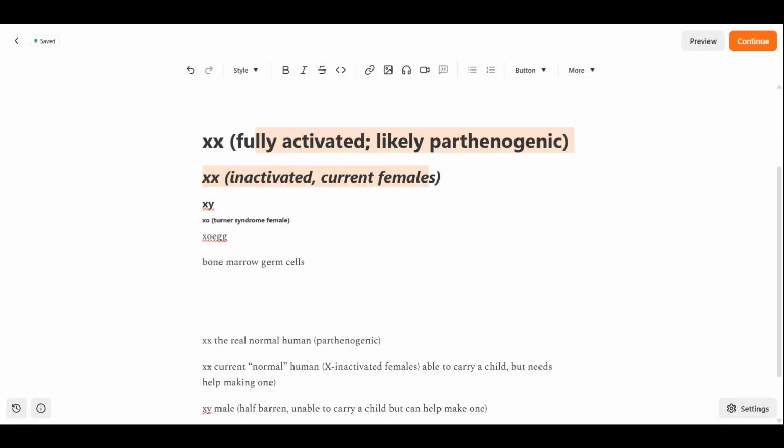If every organism is supposed to be fertile, and every organism is supposed to be parthenogenic, that means that inactivating your X is actually doing something very, very abnormal.